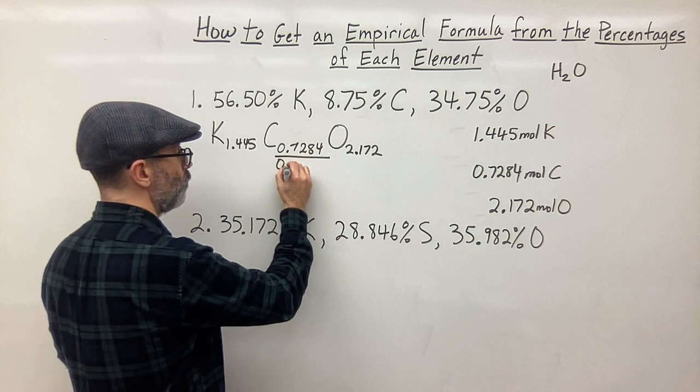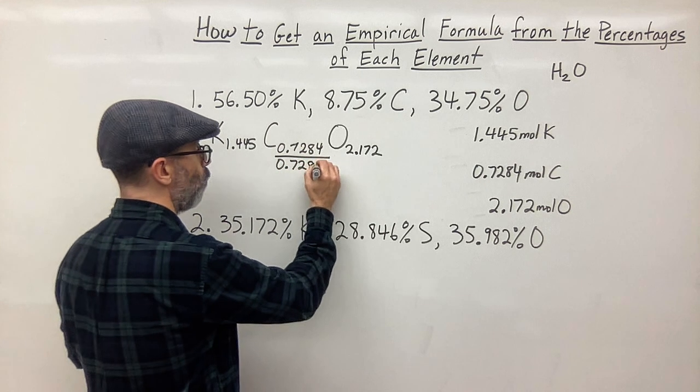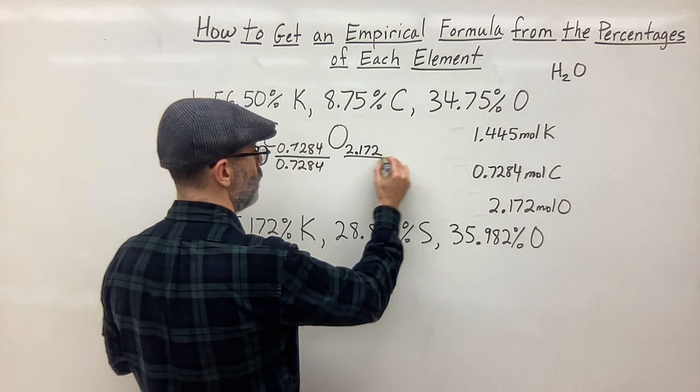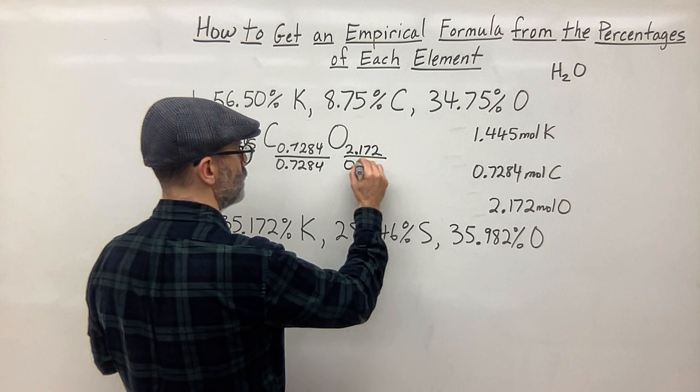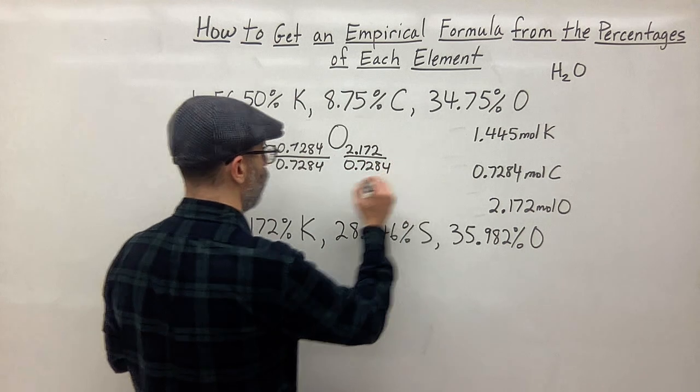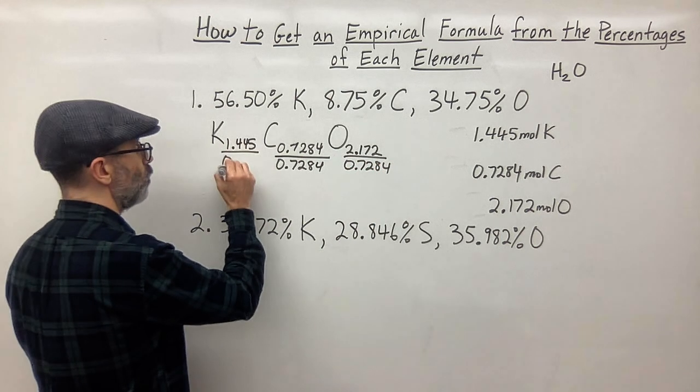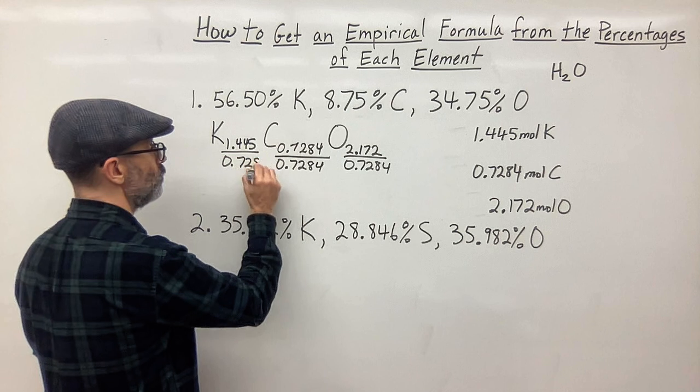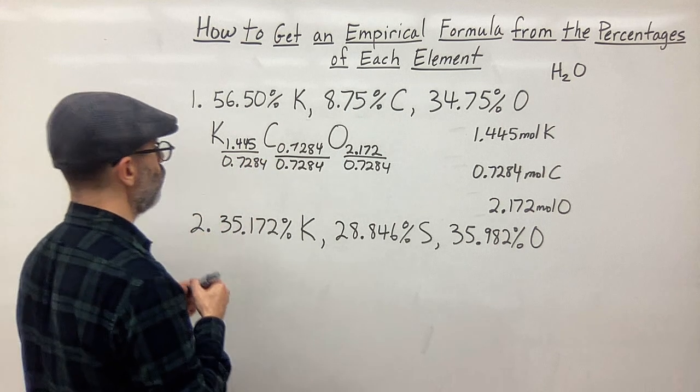0.7284 is the smallest number, so I'm going to divide everything by 0.7284. And then what do I get? Let's see.